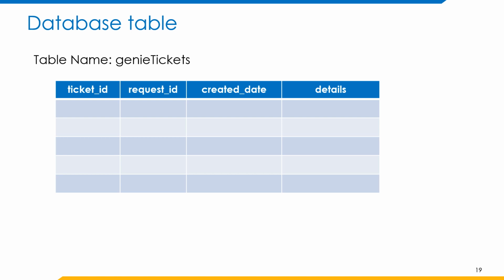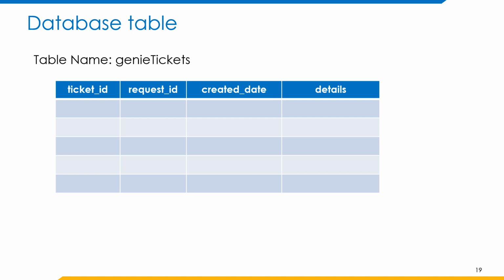As discussed, in the case of work order tickets like onboarding and offboarding, we will be adding details of the ticket like work order ID, request ID, create date and summary to the database. And in case of incident tickets, we add details to the database like incident number, request ID, creation date and summary to the database.